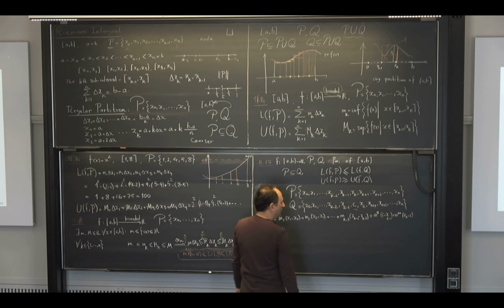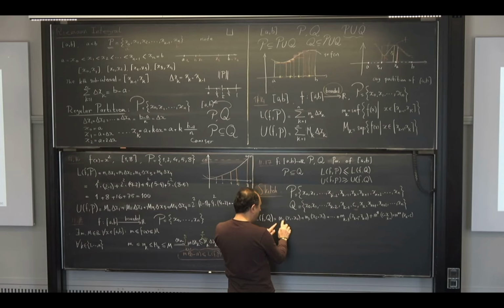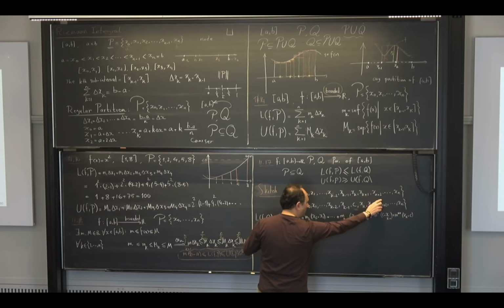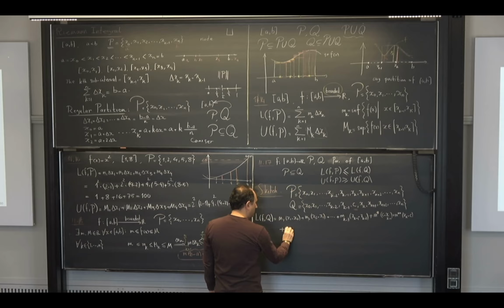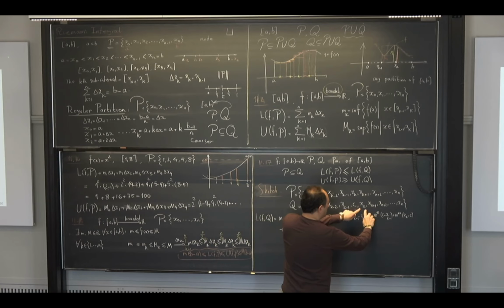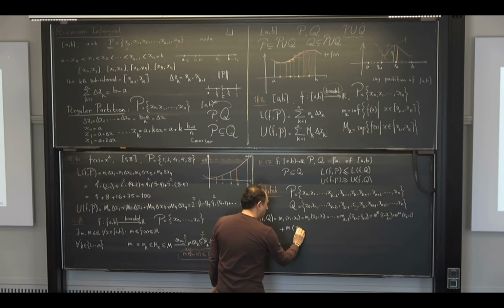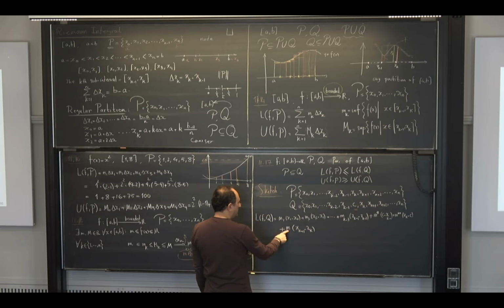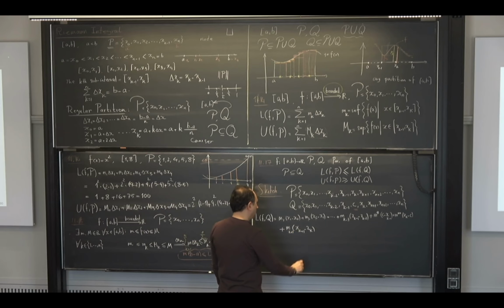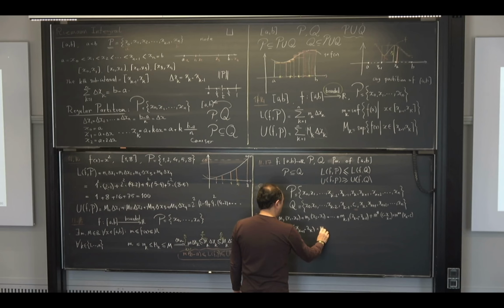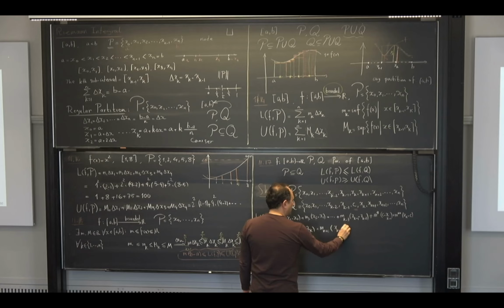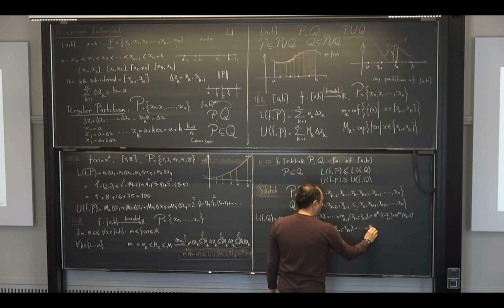I am using these indices for this partition, so I would write it as m(k plus 1) times (xk plus 1 minus xk). And then the next one will be m(k plus 2), times (xk plus 2 minus xk plus 1). And then finally, I will go to the last one, mn.